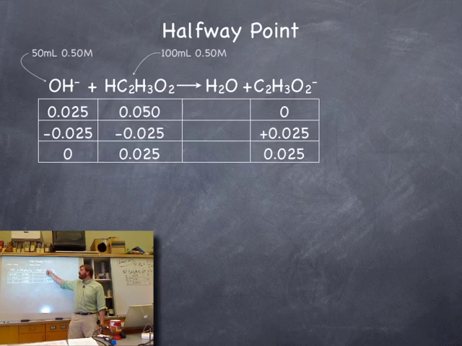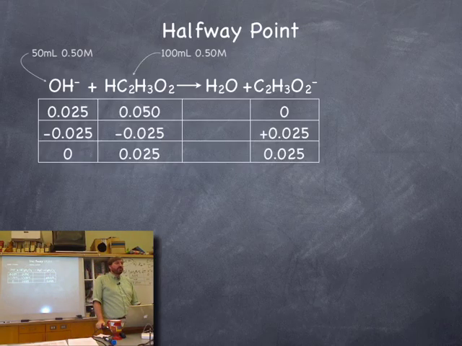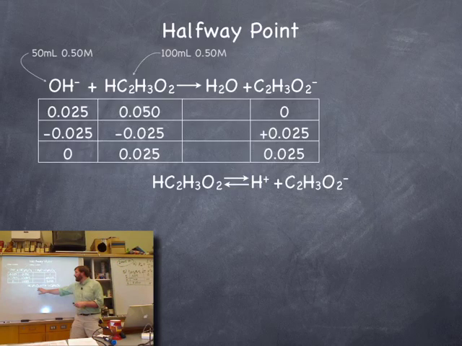What kind of equilibrium should I use for this problem? Ka, something that represents the Ka value, which is acid dissociation, an acid breaking apart into a hydrogen ion and its conjugate.